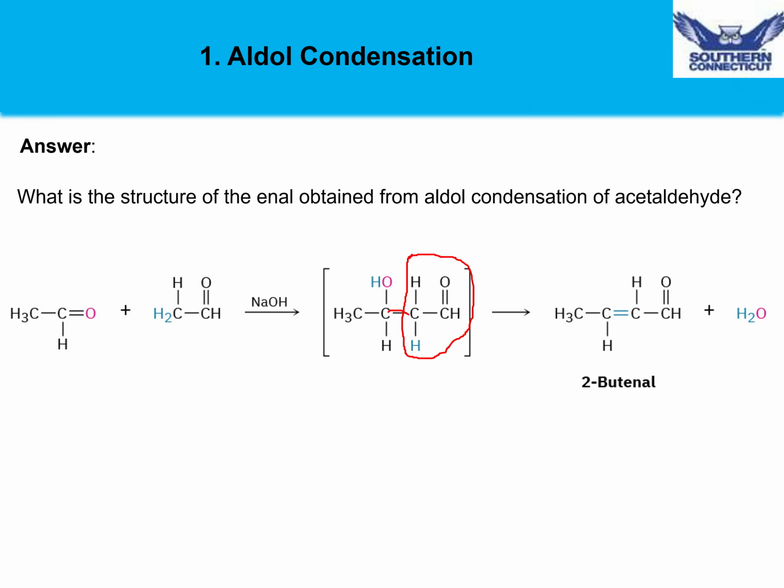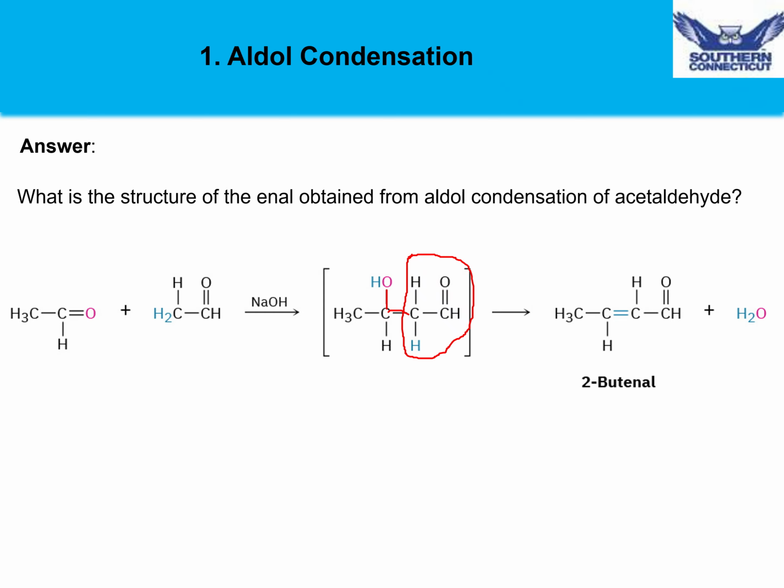And the carbonyl becomes an OH group as we see by this bond rather than the typical carbonyl that was originally there. So we're joining two acetaldehyde molecules. One is the enolate, the other one is the electrophile. The electrophile typically forms the alcohol.